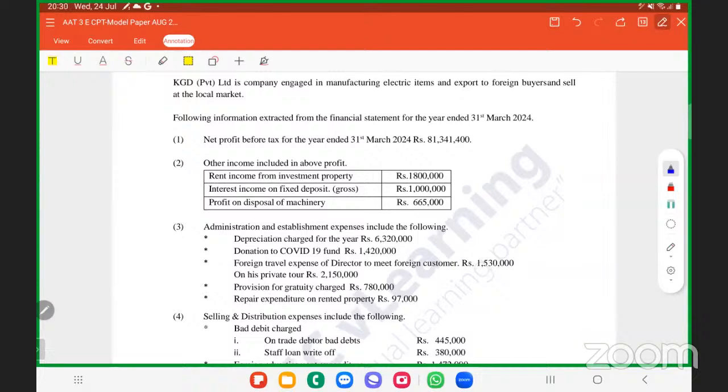In this case, the following information is extracted from the financial statement for the year ended 31st March 2024.